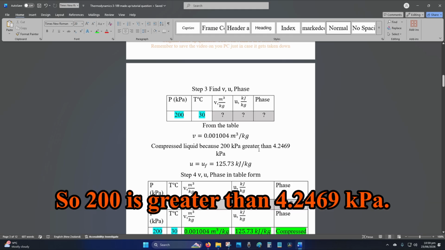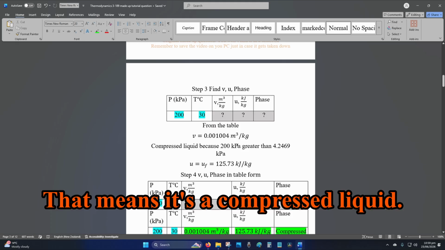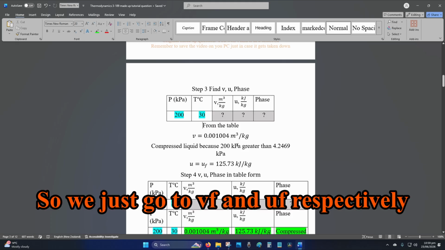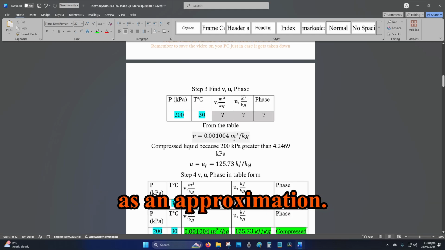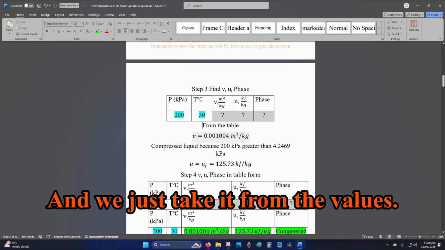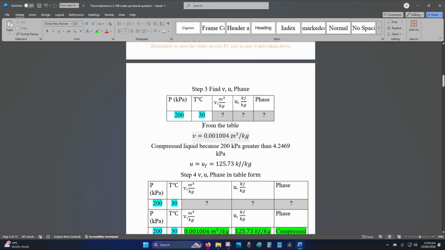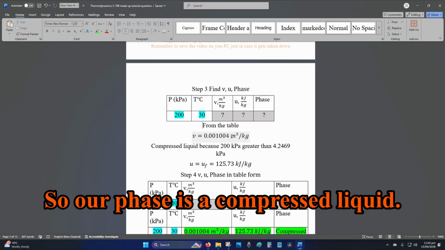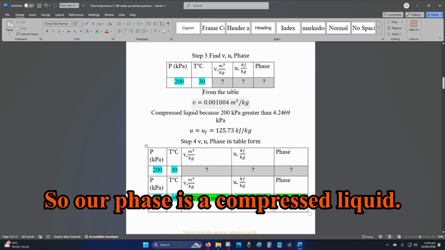So 200 is greater than 4.2469 kPa. That means it's a compressed liquid. So we just go to VF and UF respectively as an approximation, and we just take it from the values. So our phase is a compressed liquid.